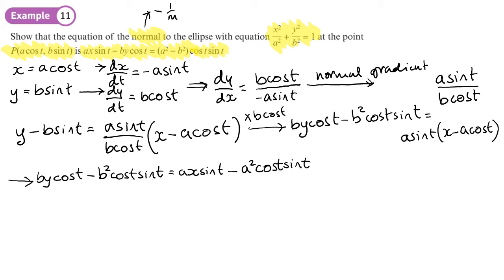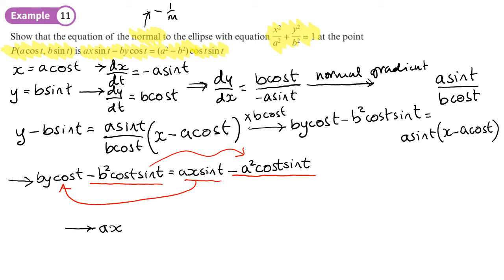Now I've got two terms that I've got sine t cos t in, so I'm going to bring those to the same side so I can factorize them, and then move the ax sine t to this side, and I think then that's the final step.